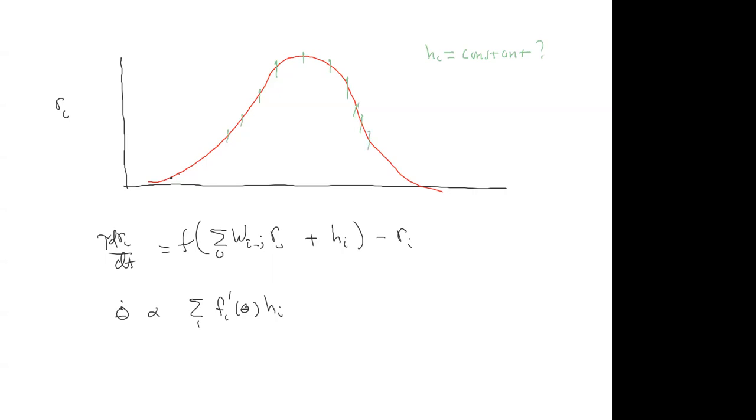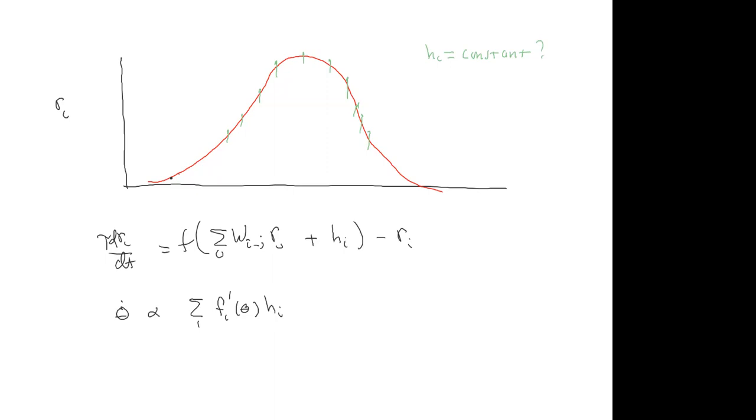Every neuron getting pushed up by a little bit doesn't move the bump anywhere. And in fact, that's consistent with this. So what's f i prime? That's how much the firing rate changes as theta moves.